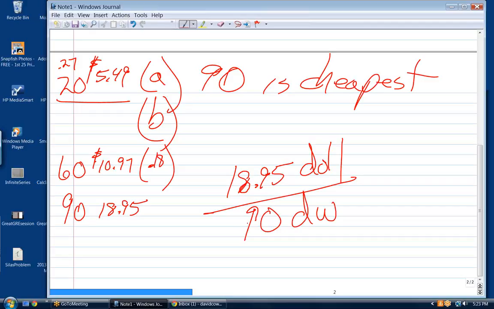Notice I still need to divide top and bottom by 90. Divide 1895 by 90. You get about 21 cents per one dishwasher pack.